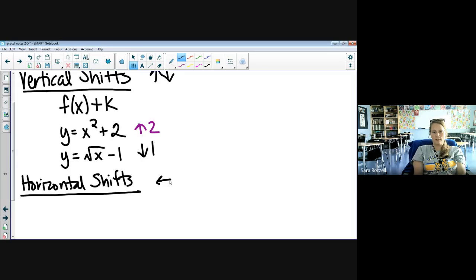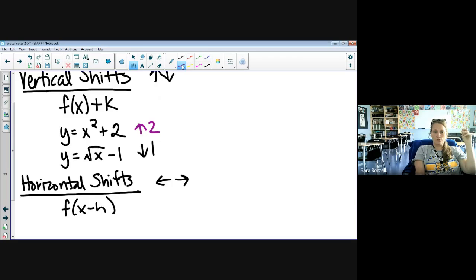If you'll remember from last year, all of your horizontal shifts, your left and your right ones, were inside of the function or inside of the parentheses. So this would be f of x. We use an h. I don't know why they use an h, but they do. So it's inside of the parentheses. That's going to tell you you're shifting left and right.